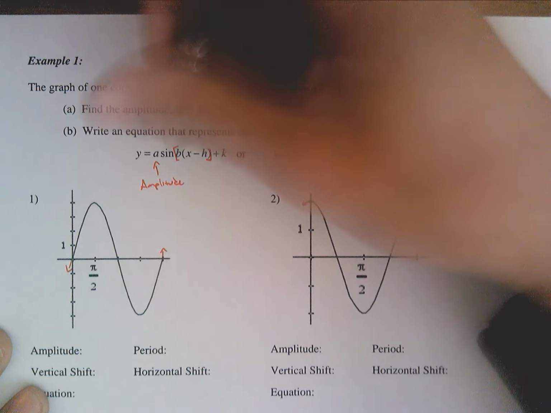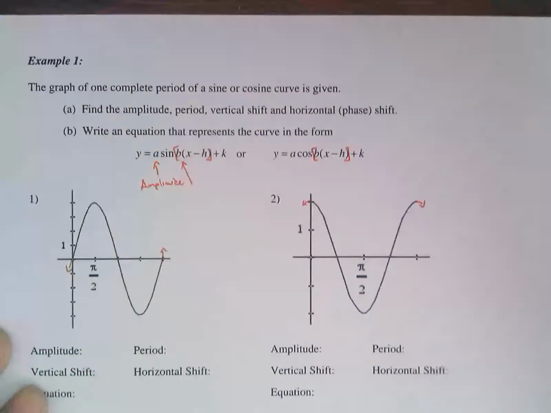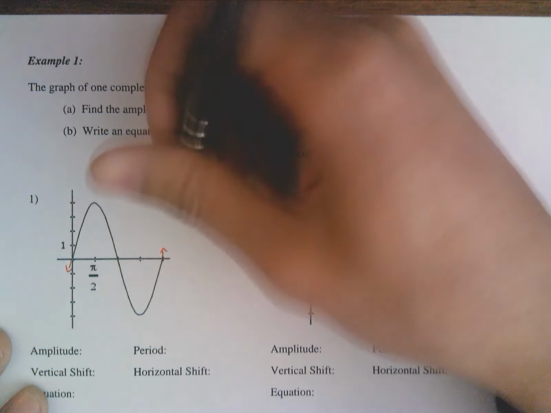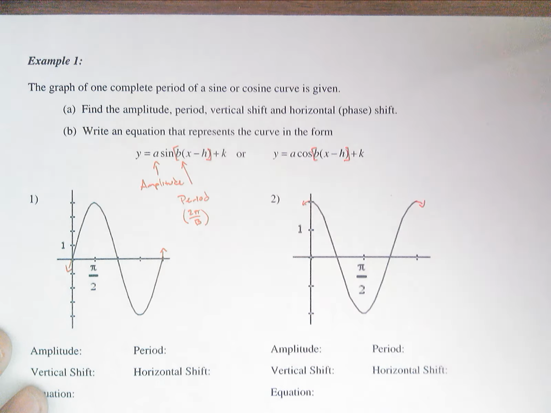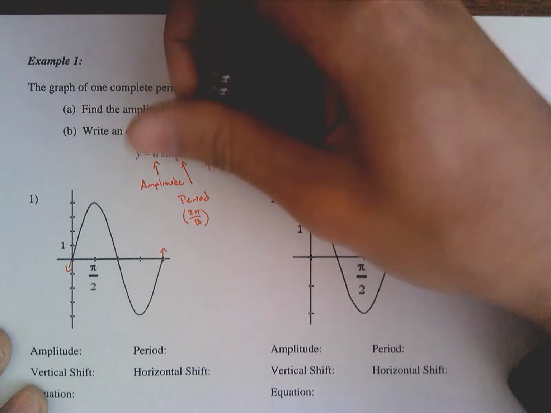B, out in front of our x term, is not our period, but it helps us find our period. So I'm going to write period, but I'm also going to write how we find the period from b, and that is in radians, 2 pi over b. In x minus h, that h is our horizontal shift.